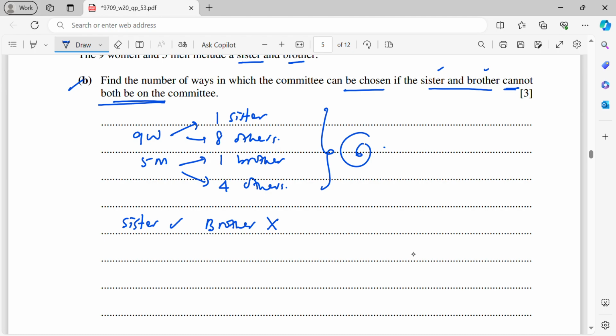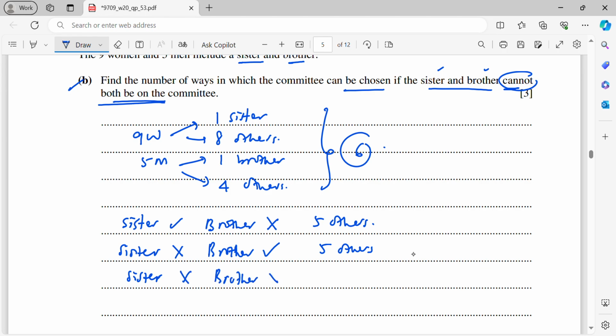Then I have only chosen 1, so I have to choose 5 others. Or probably the sister is not chosen, the brother is chosen, then I have to choose another 5. Or probably both of them are not chosen, because it's mentioned they cannot both be on the committee. So sister is not chosen, brother also not chosen, so I have to choose 6 others.